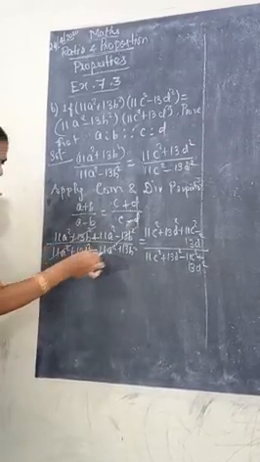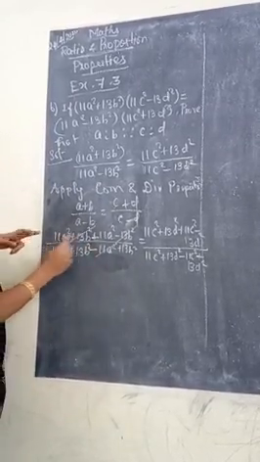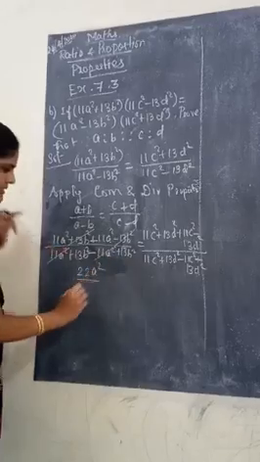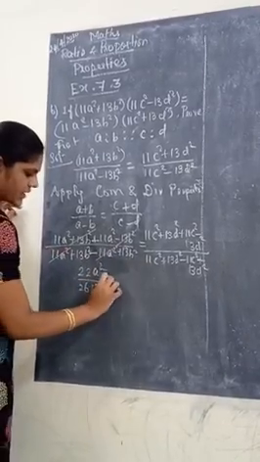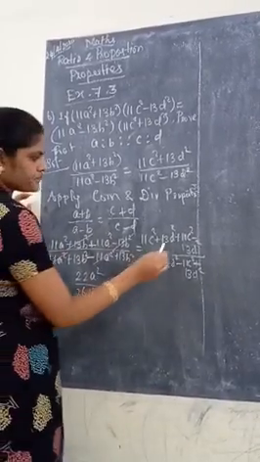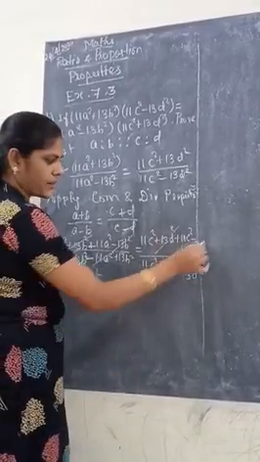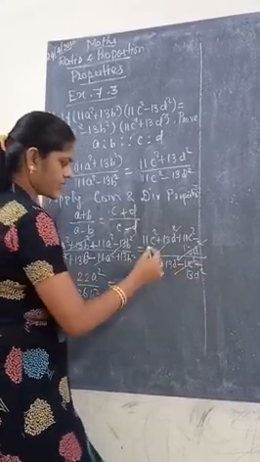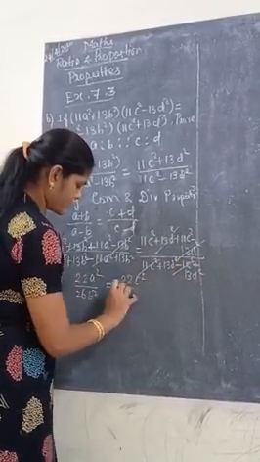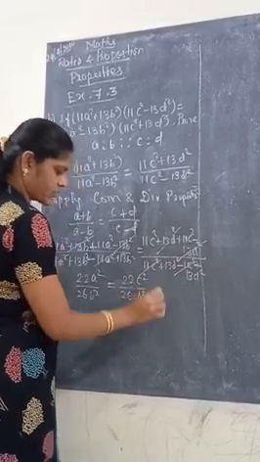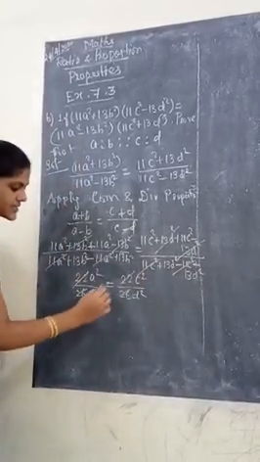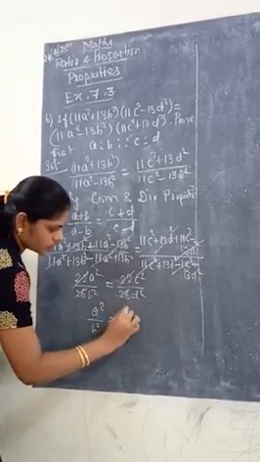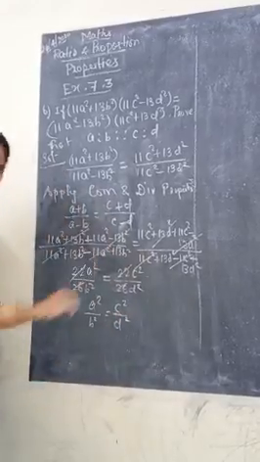Same, 11a² minus 11a² cancel. What's the remaining? 22a² divided by 13 plus 13, 26b², equal to, here plus 13d² minus 13d² cancel. 11c² minus 11c² cancel. So 22c² by 26d². So 22, 26 cancel. What is the remaining term? a²/b² equal to c²/d².